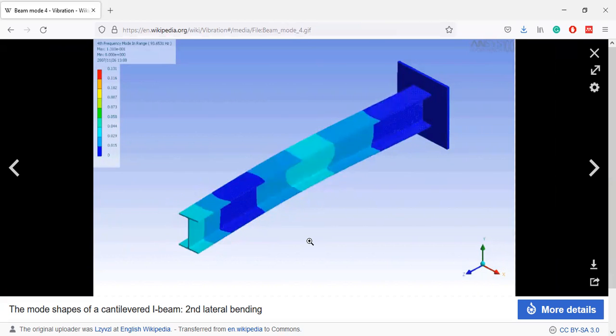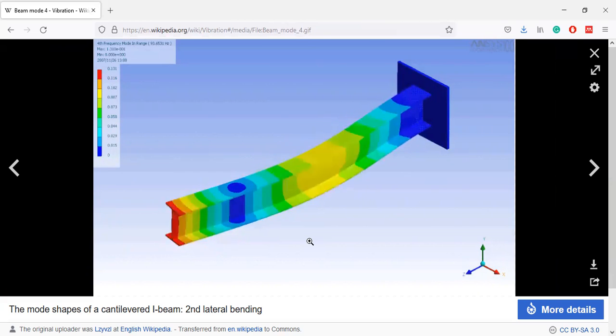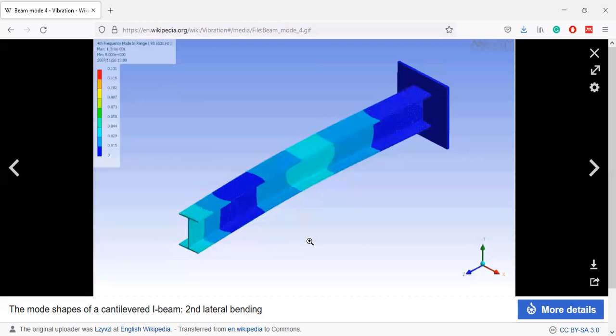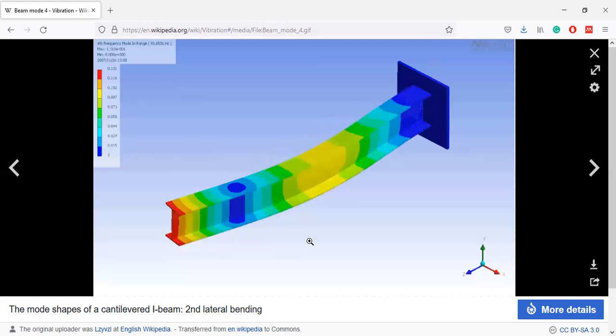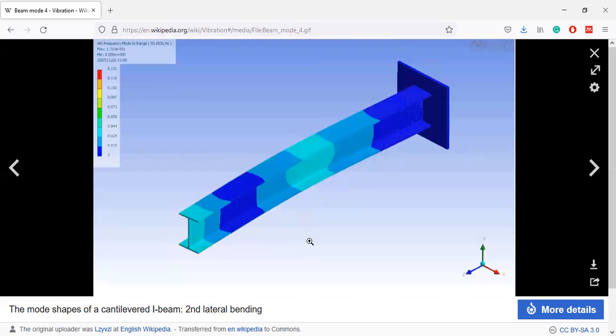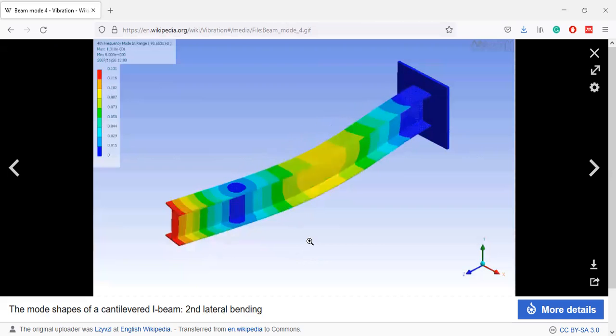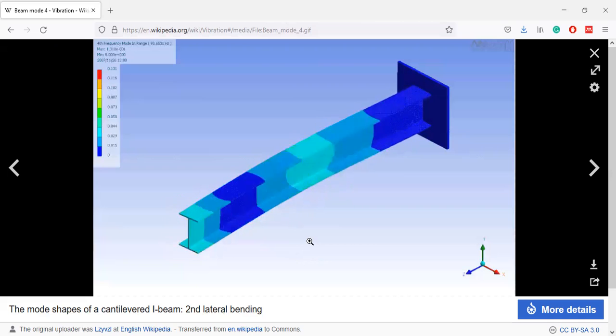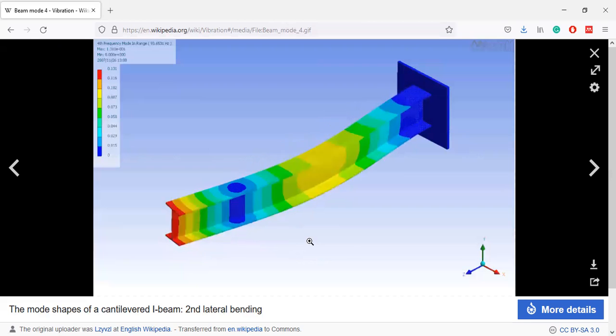Actually, when we are analyzing vibration, we find the eigenvalues, lambda 1 and lambda 2. So the system will vibrate for lambda 1 and various natural frequencies, omega 1 and omega 2, if we consider 2 degrees of freedom.